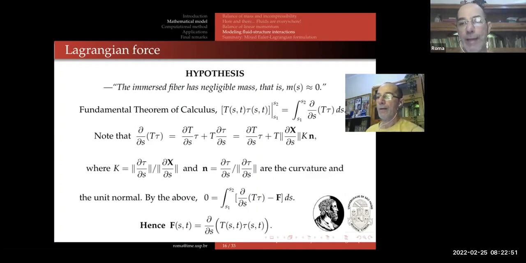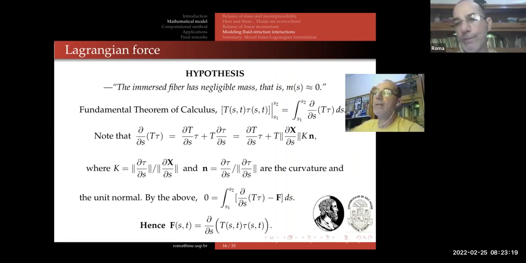So if I do that, I can now apply the fundamental theorem of calculus here. This is like the difference of a function computed at the ending points of an interval, and I can rewrite it as the differential of this with respect to S. So this is the primitive form, right?